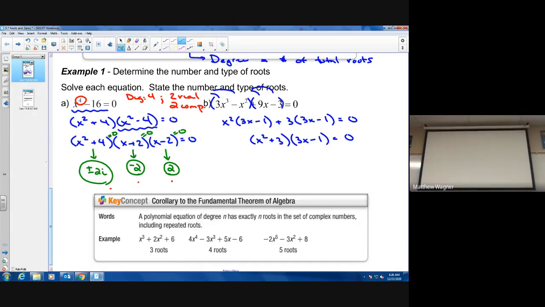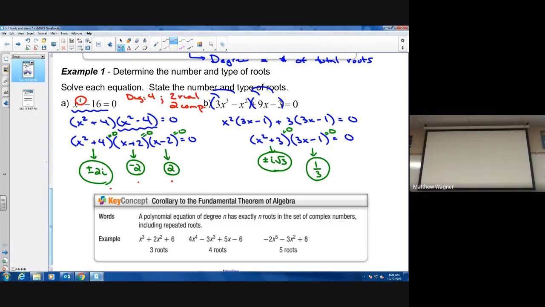So again, we can solve. If we set this factor equal to 0, add 1, divide by 3, we get 1/3 as our answer. This one here, if we subtract 3 and square root, we're going to wind up with plus or minus i root 3.